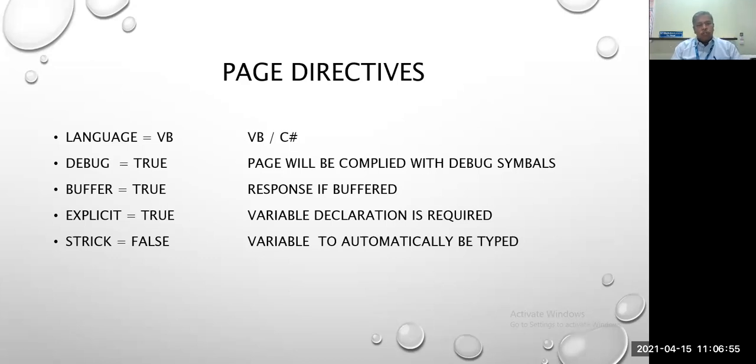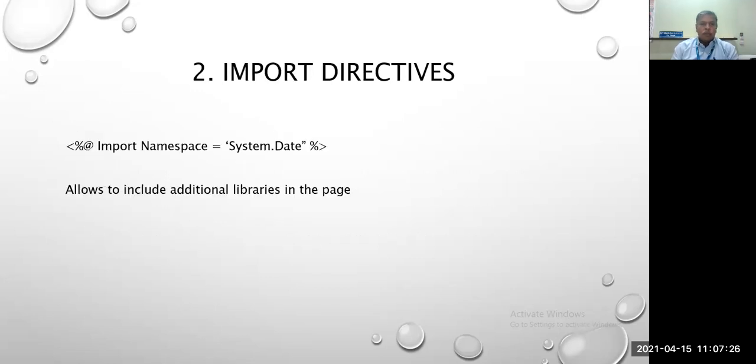If the values are equal and the data type is also equal, then it will give you a true answer when I use a comparison operator. So it will strictly follow the data types. These are the 5 parameters of the page directive. When I am preparing a page, I have to give these 5 parameters.